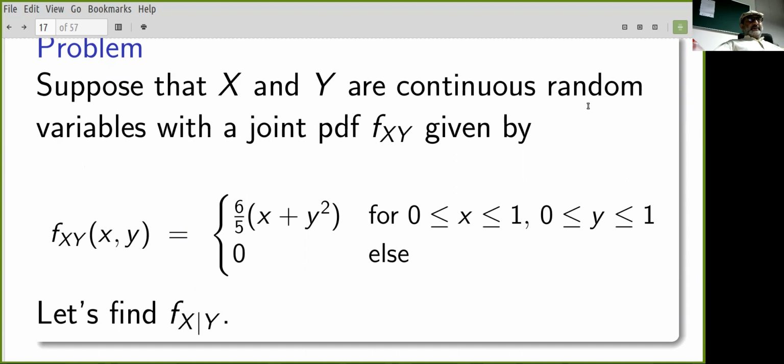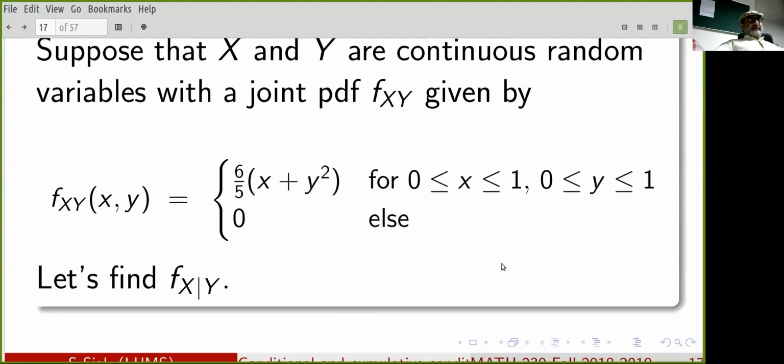Supposing x and y are continuous random variables with a joint PDF f sub xy of the form 6/5 (x plus y squared) for x and y in the unit square and 0 otherwise. Given this joint PDF, I want to find the conditional PDF for x given y.